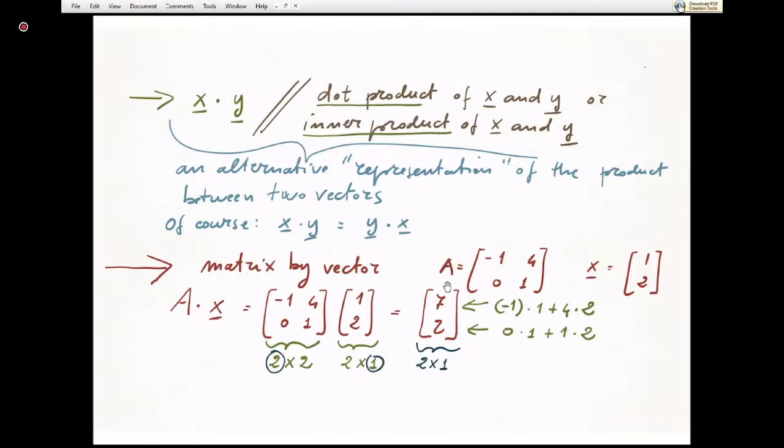So we don't need to transpose the result. We know already A times X. We don't need to compute again X transpose times A transpose. Just transpose the result of the previous computation. This is the operational meaning of this property. Okay, this is a general property for matrices.